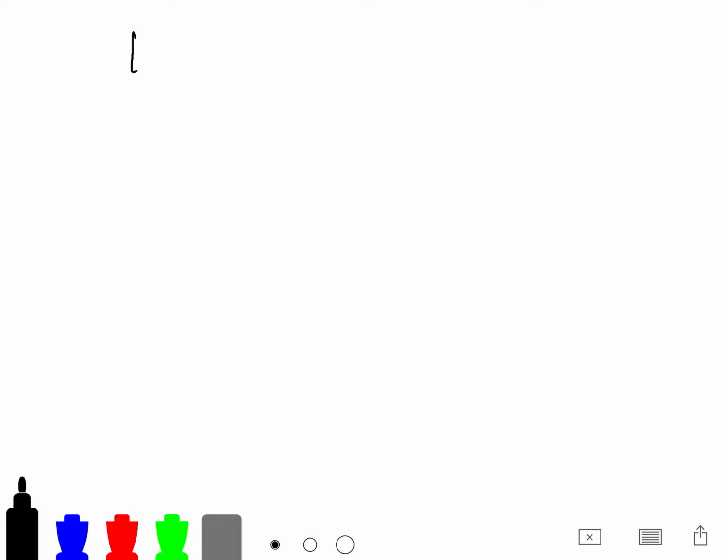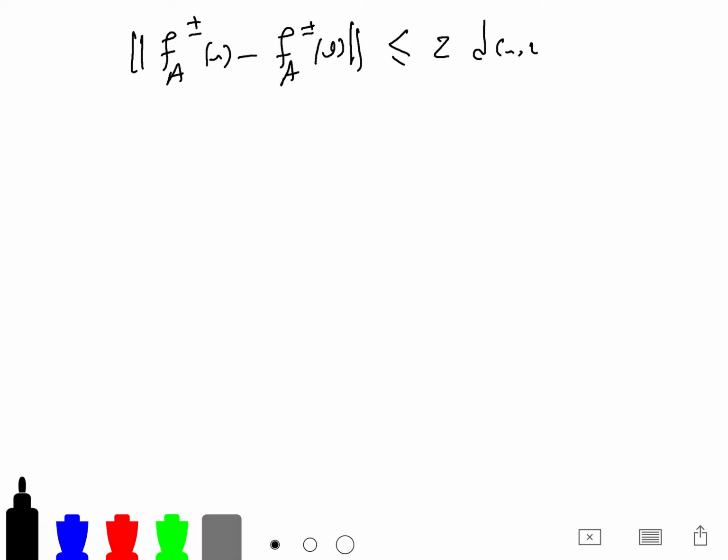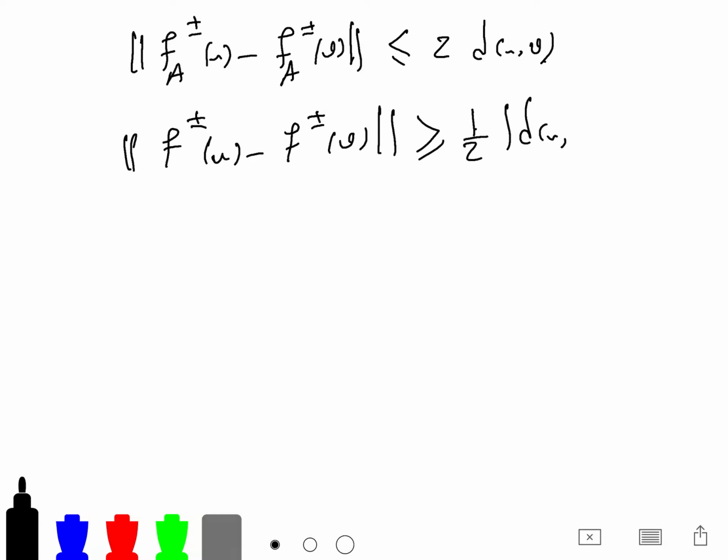F has many good properties. It has the true Lipschitz property. For example, we can say that F plus minus A of V is truly Lipschitz because this is 2 D of U and V. Also, it has another interesting property: it is lower bounded by half of D of U and A minus D of V and A. And also F plus minus A has another property, that it is ST sandwiching.